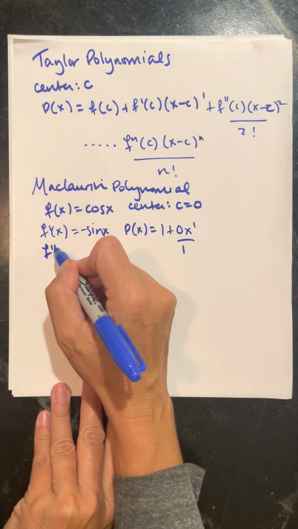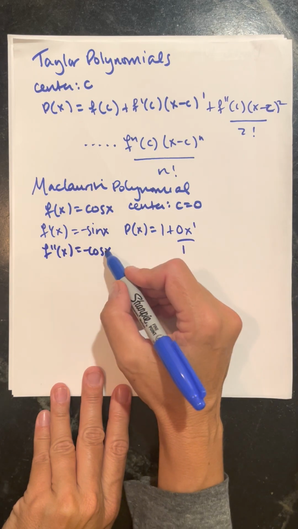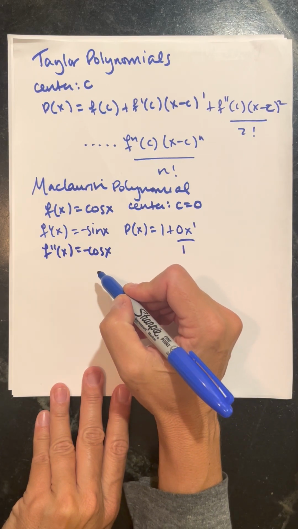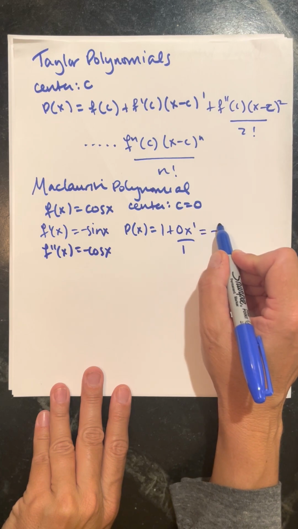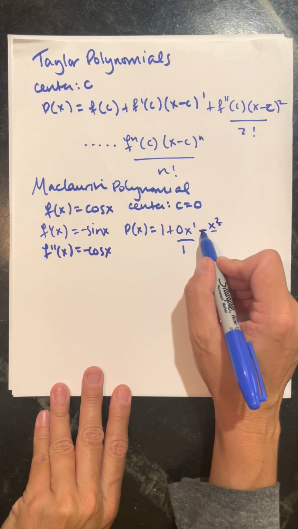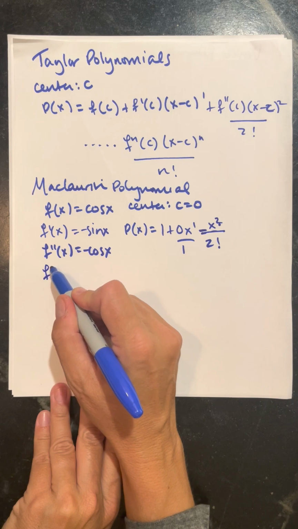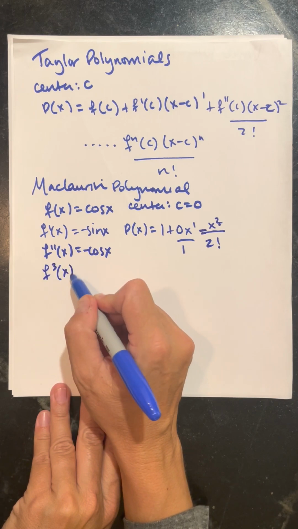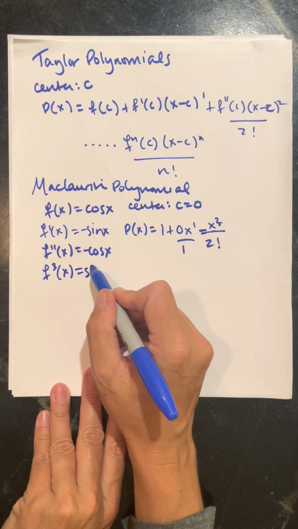My second derivative is negative cosine of x. If I plug in 0, the value of my second derivative is negative 1. So I get minus x squared over 2 factorial. My third derivative is negative sine of x.